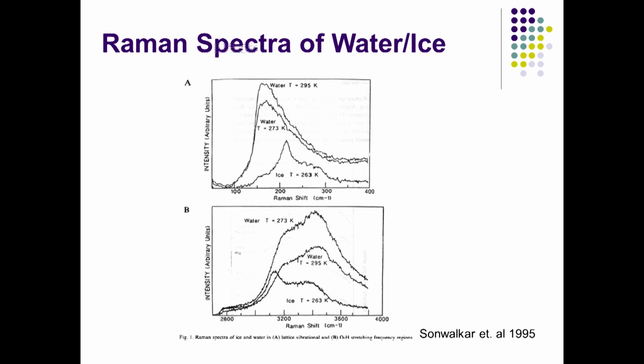Now, what we have done in this case, we looked first at the Raman spectra of the ice in 2 areas. One is the lattice vibration, another one is the high frequency vibrations. So, let me stop here, because I want to take you through why we are doing the lattice vibration and the high frequency vibration, and we will get back to the rest of the investigation.